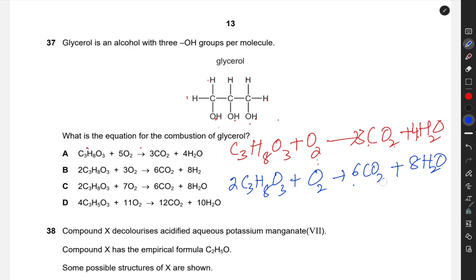So this is 12 oxygen over here and 8 oxygen over here. So total oxygen atoms is 20. 6 oxygen atoms are in the glycerol. So what is left behind? 14, so 7 O2. So C option is the correct option.